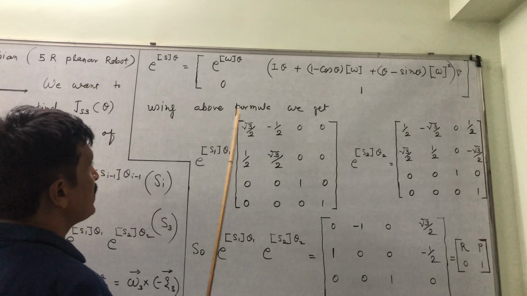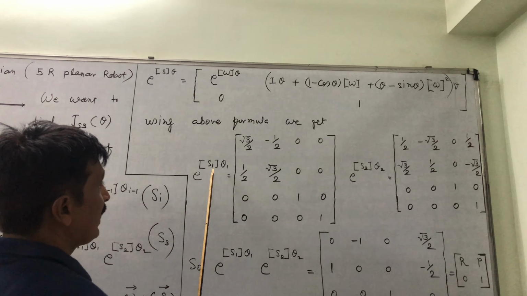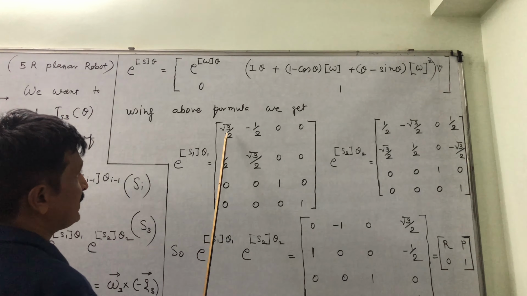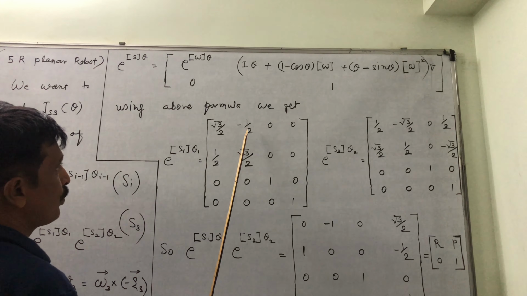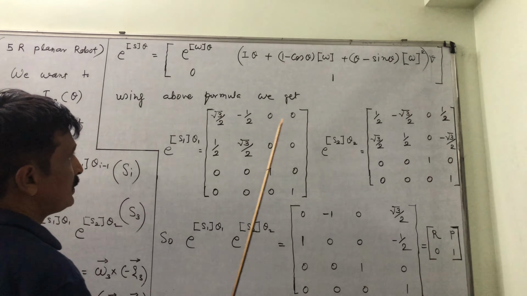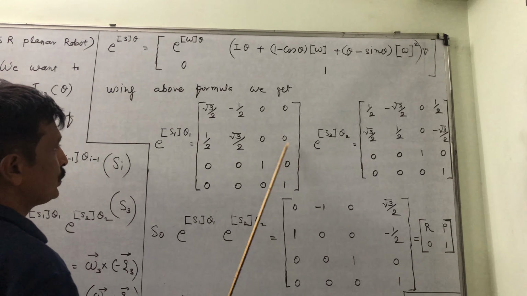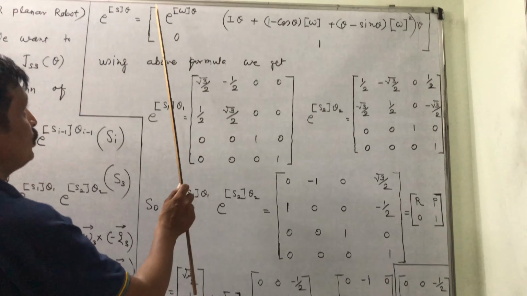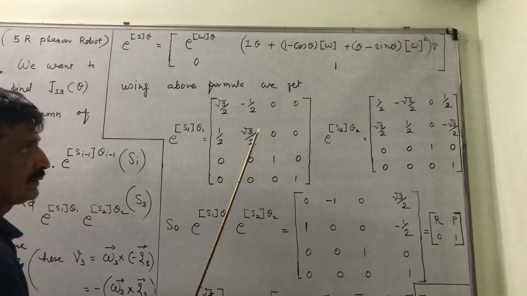If you put in all such values for theta 1, we get e raised to s1 theta 1 as this matrix: root 3 by 2, minus half, 0, 0; half, root 3 by 2, 0, 0; 0, 0, 1, 0; 0, 0, 0, 1. Using this, you can obtain this.